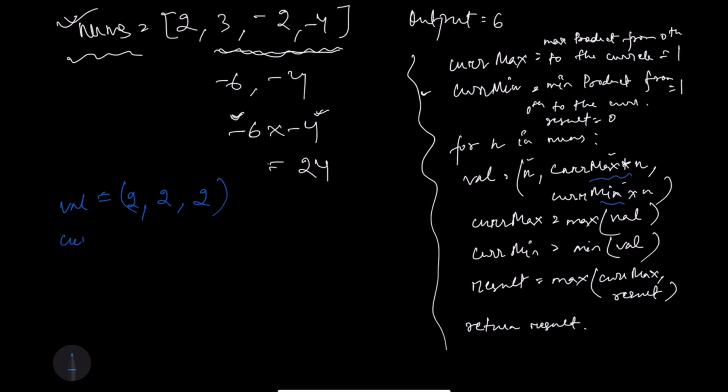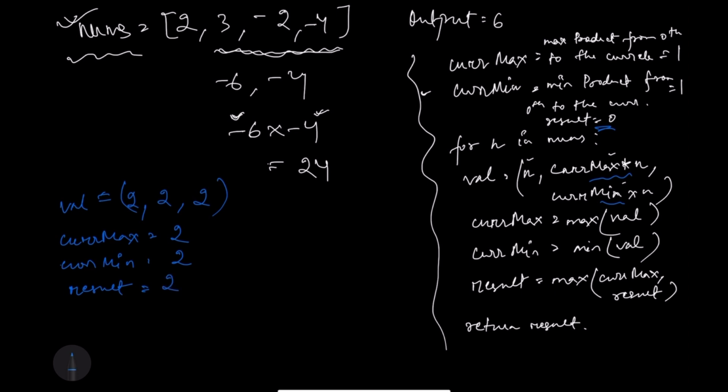So for the current max, if we check the max of all these three values, it remains the same. Current minimum, it remains the same. For result, our result was 0, so it will get updated to 2 because our current max is greater.